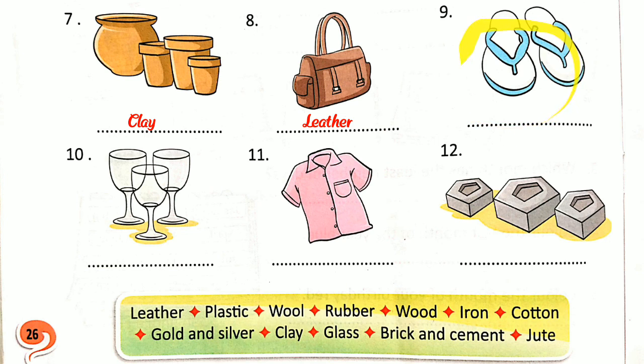Yes, these are rubber. Okay, now number ten. Which object is this? It's glass. Eleven. Yes, it's cotton. Okay, now twelve. It's iron.